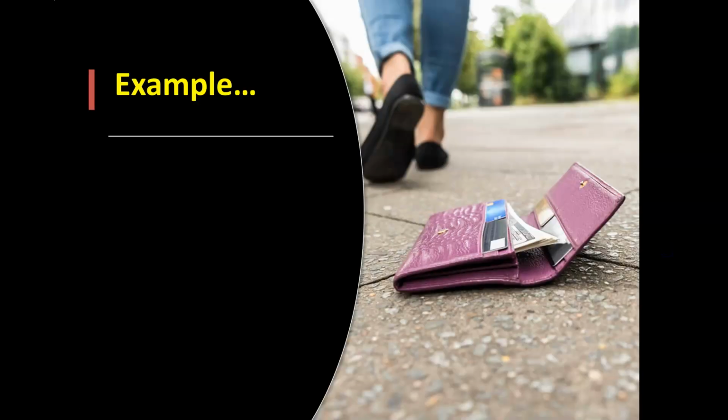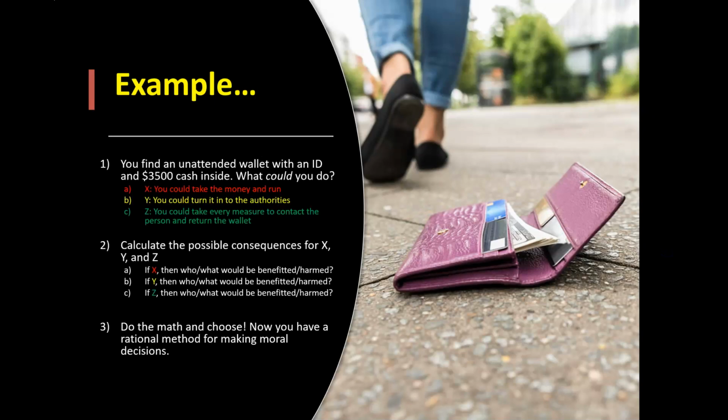Let's put a concrete example behind that procedure. So let's imagine you find an unattended wallet with an ID and $3,500 cash inside. First step here, what could you do? What are your possibilities? Like stop the world for a second and say, whoa, what should I do?